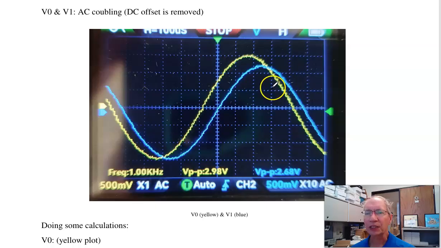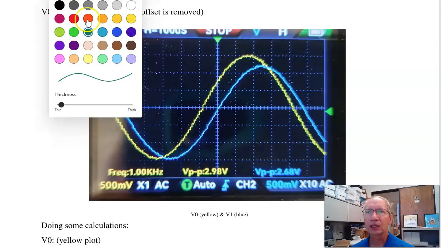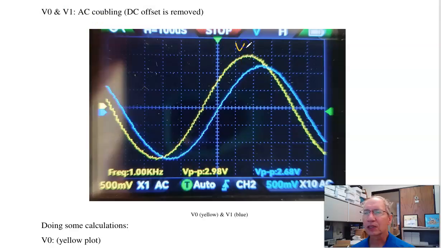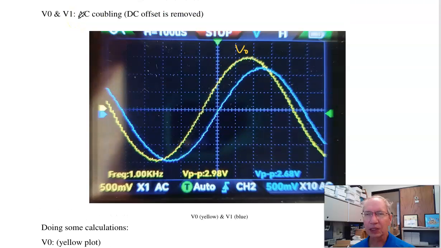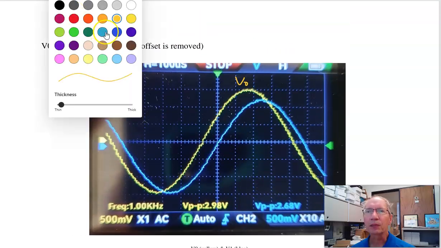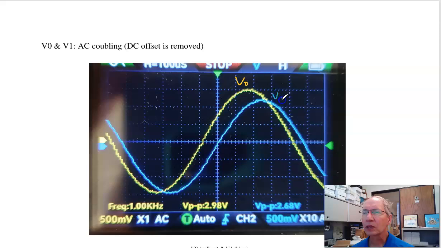And kind of illustrating it, this is kind of zooming in. If this is V0 in yellow, the blue line is V1. I can pull up the peak-to-peak voltage right here. So half of that is the peak voltage. Here, we'll just do the zero crossings.